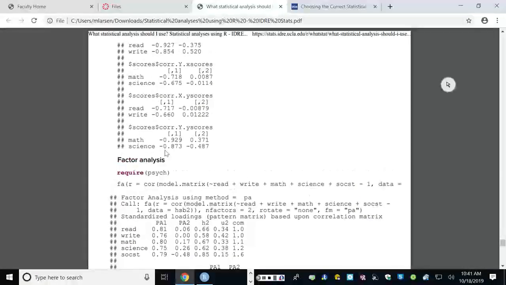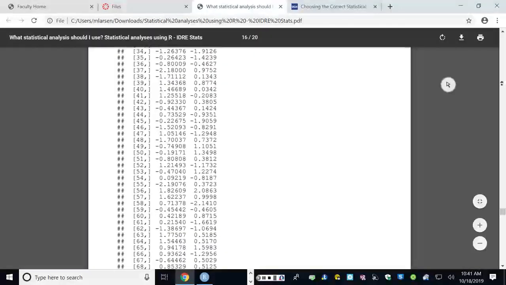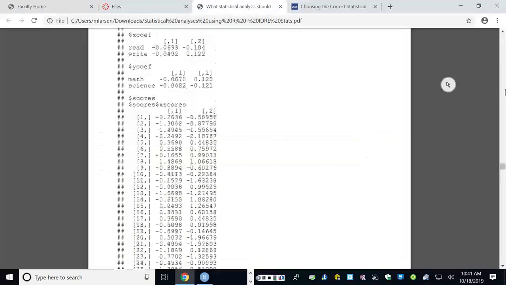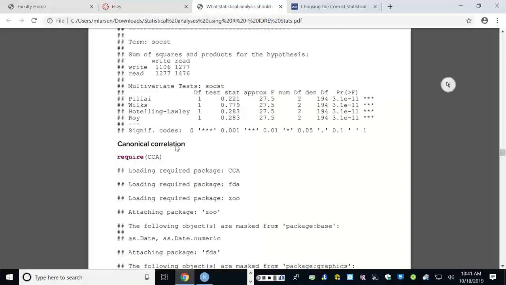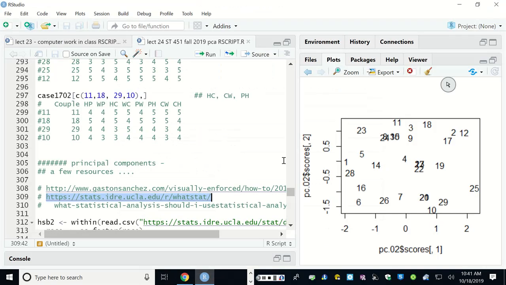But then there's something with factor analysis, which is like principal components, and this thing, what is this thing? A lot of coefficients there. But this and canonical correlation, like in our book. So it has some examples in there of thinking about different things. That's one thing that's kind of interesting to look at.